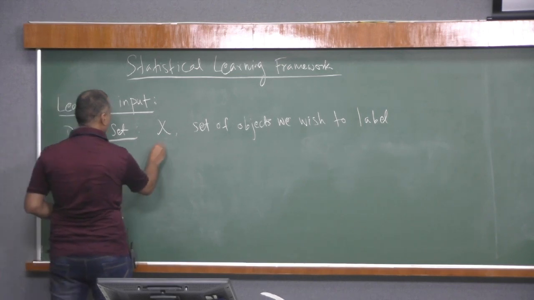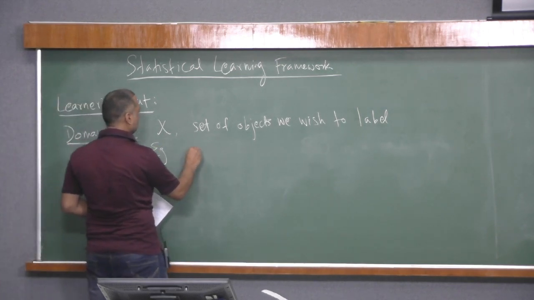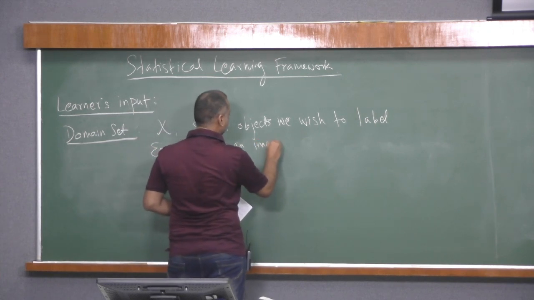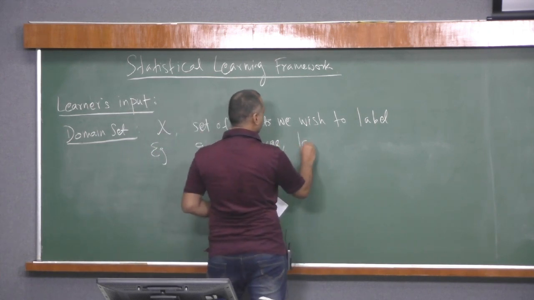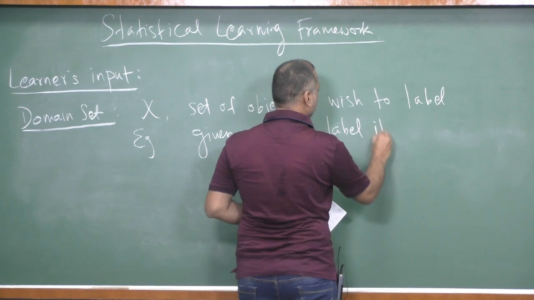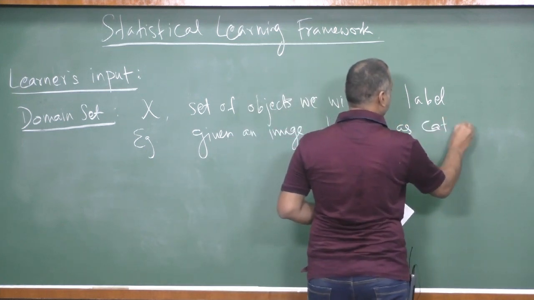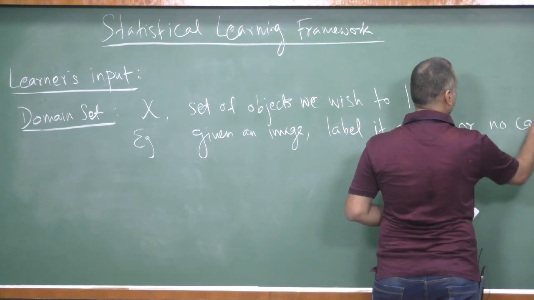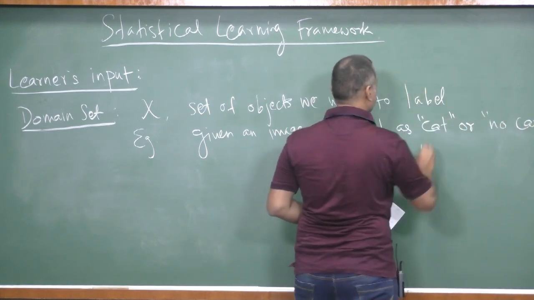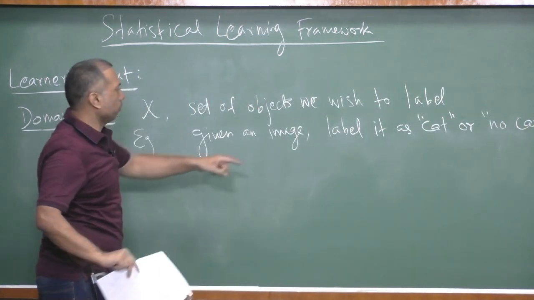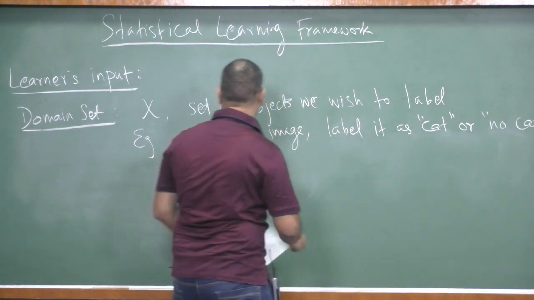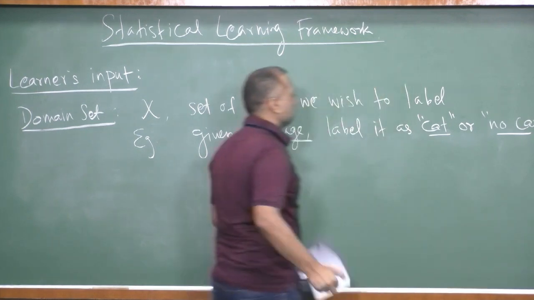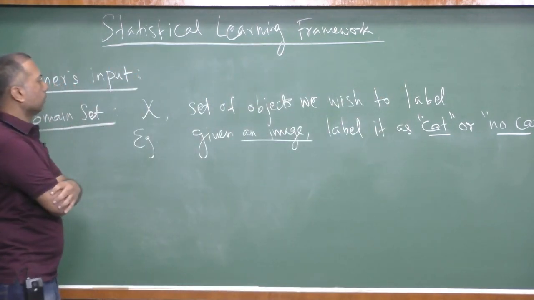So, for example: given an image, label it as cat or no cat. Basically, identify whether the image had a cat or not. This is what we call a label. Given a sample, we say, label it, whether it's cat or not.